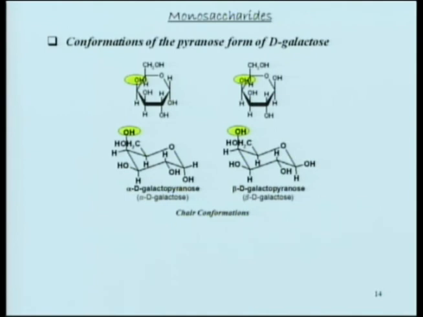So you would have the same alpha D-galactose and beta D-galactose. If you notice, that CH2OH in both cases is equatorial; the bulkier contributor is equatorial. And therefore, despite the interaction of the OH with the H, it'll still stay here. It cannot be moved over.